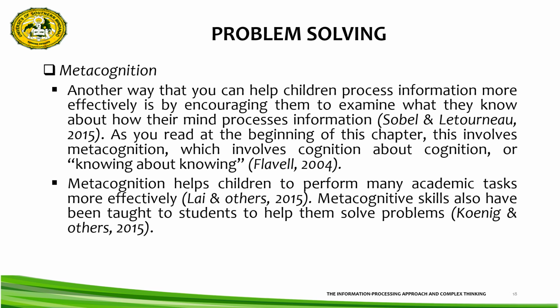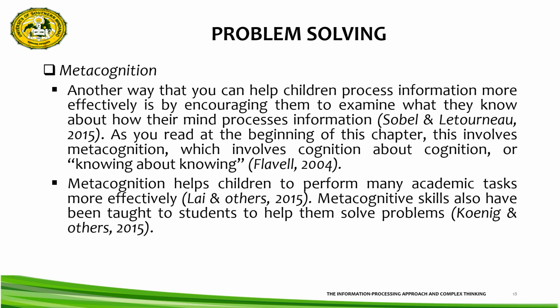As you read at the beginning of this chapter, this involves metacognition, which is cognition about cognition, or knowing about knowing. This is according to Flavell. So metacognition is commonly known by the phrase cognition about cognition or knowing about knowing.